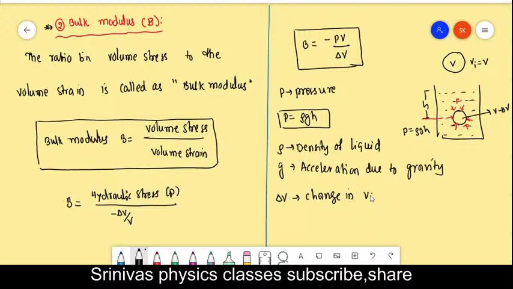Okay, B is defined for the bulk modulus. What does the negative sign indicate? The negative sign indicates the decrease in volume.